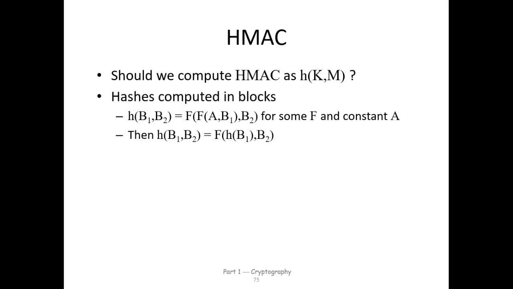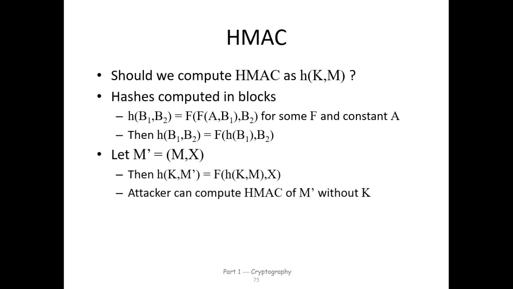We'll consider some constant and calculate the hash value F of A comma B1 comma B2 for some function F and constant A. Then H of B1 comma B2 equals F of H of B1 comma B2. So this is how we can write it. Here F of A comma B1 can be replaced with H of B1 comma B2.